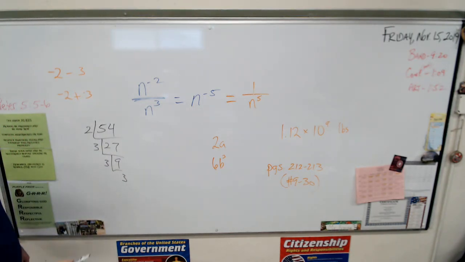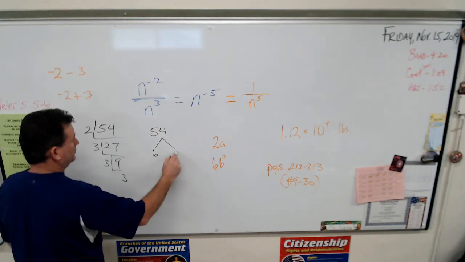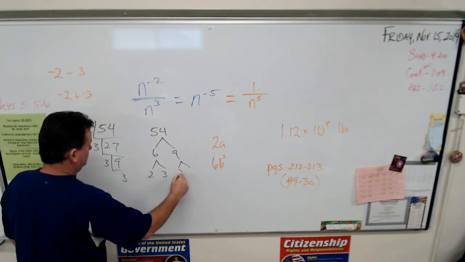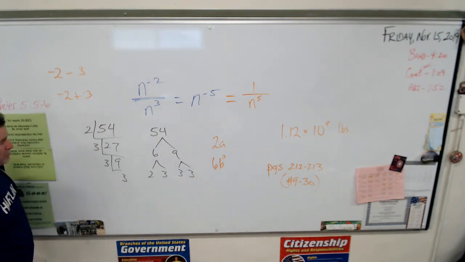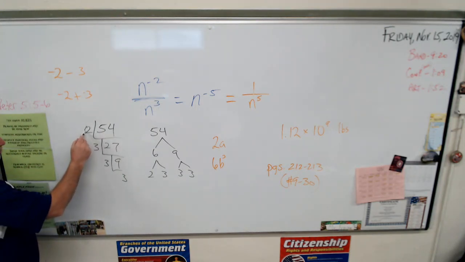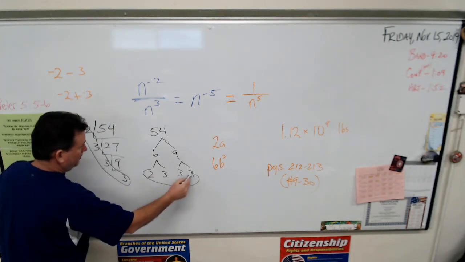If you want to see that in tree form, Noah, you've got a 2, both ways, see here? 2 and 3 threes. Same thing as there, right?